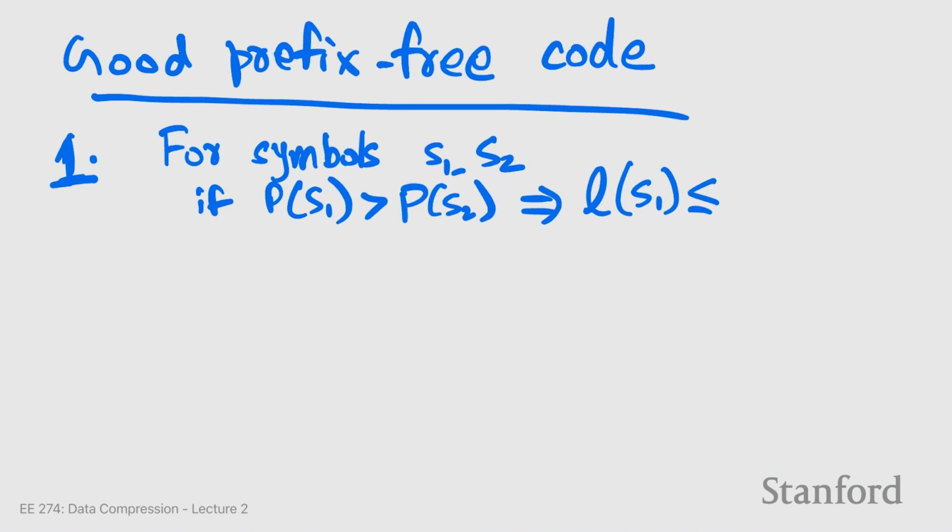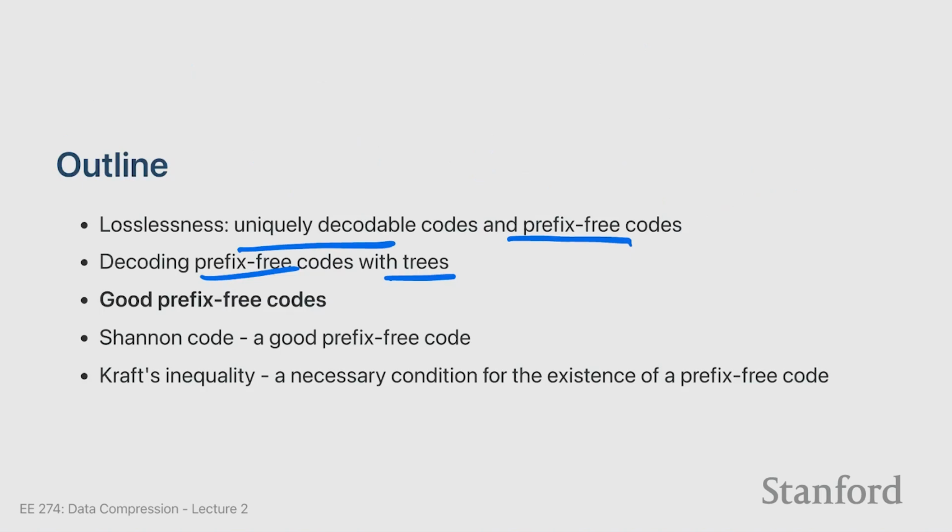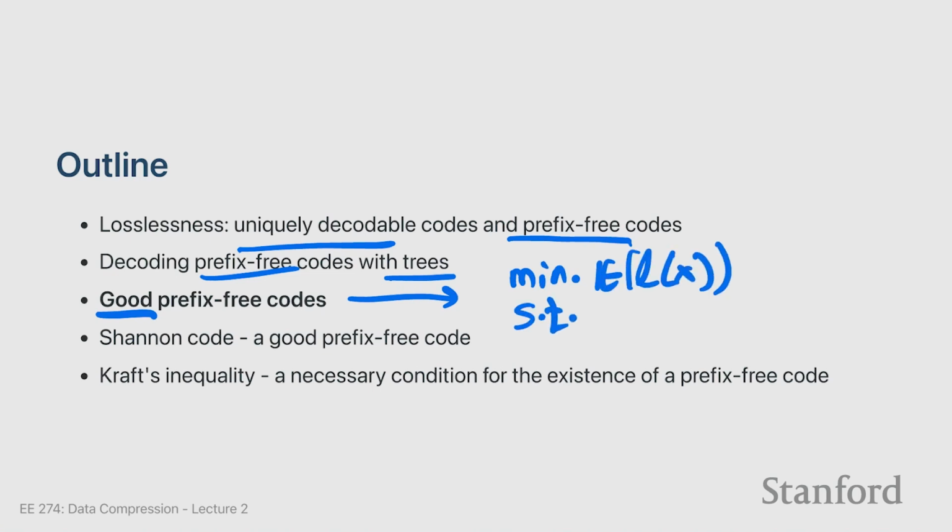Yeah, we saw this in last class, also very intuitive from the definition of good. Good just means, let me define good, sorry, in the last slide. Good means minimize expectation of length of the code word subject to being a prefix code. Right, that's the optimization definition of good.